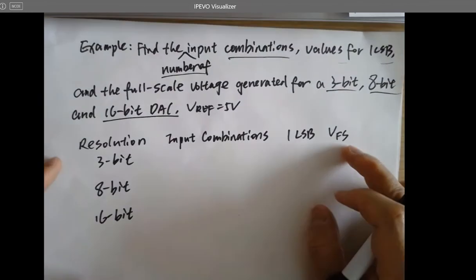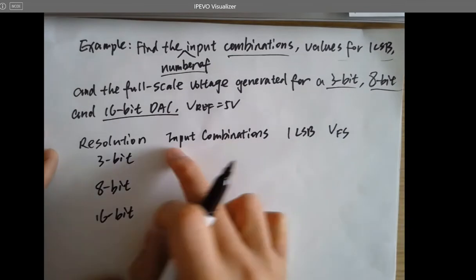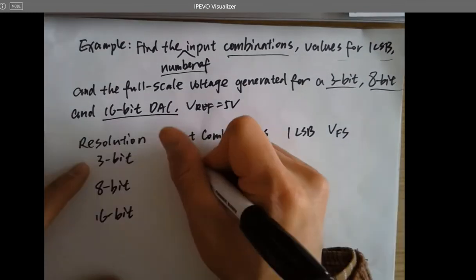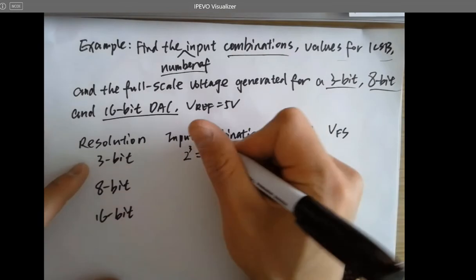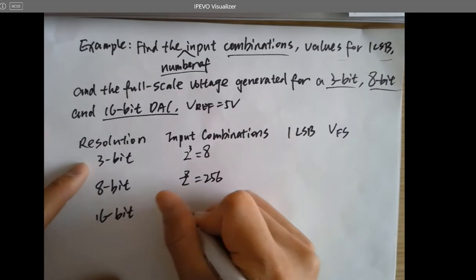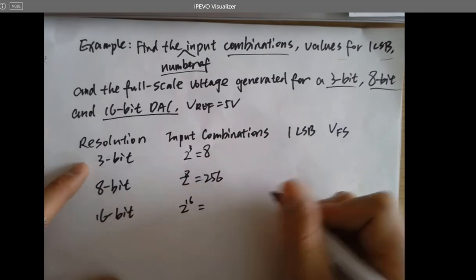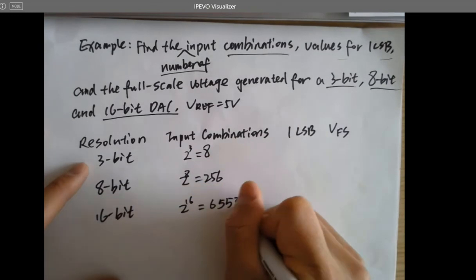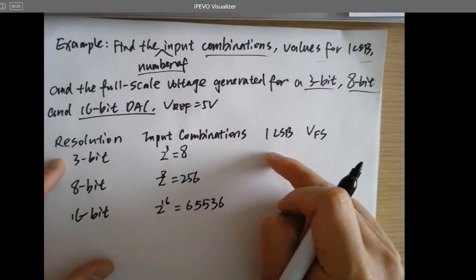What is VFS? The full scale voltage. So how many combinations for the input for 3-bit? 2 to the 3rd, right? Which is 8. 2 to the 8th, which is 256. 2 to the 16th, which is 65536.